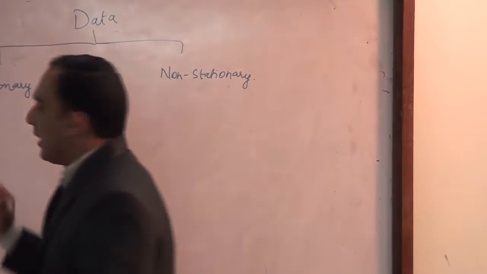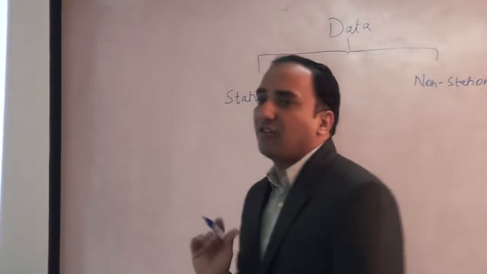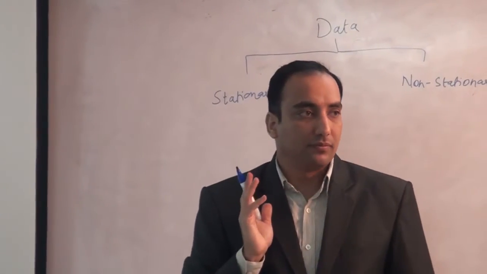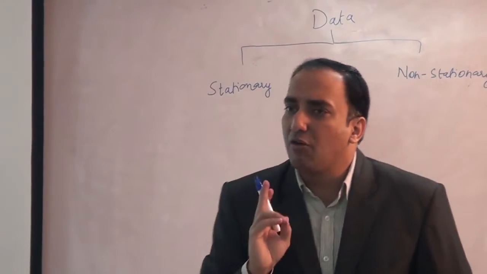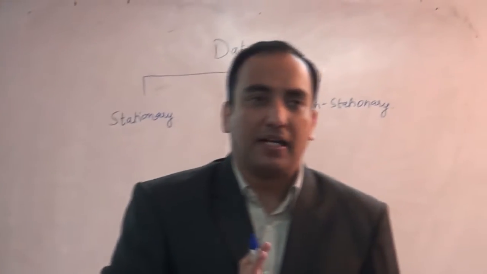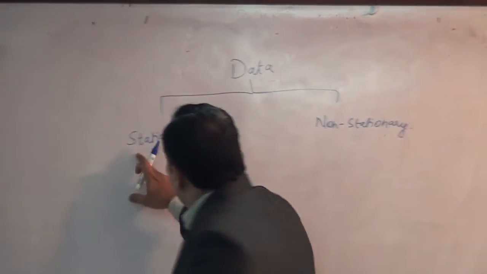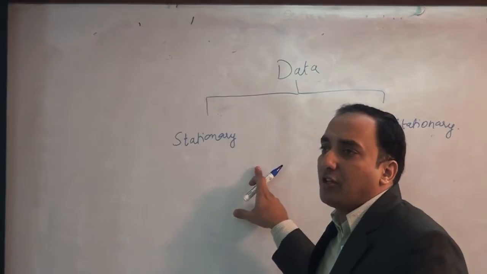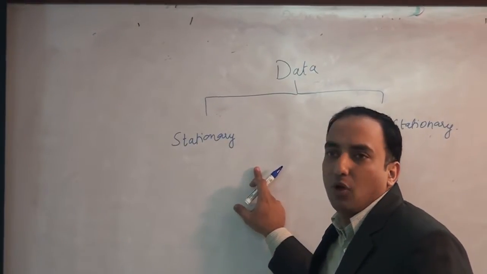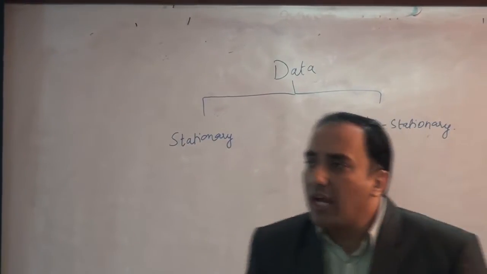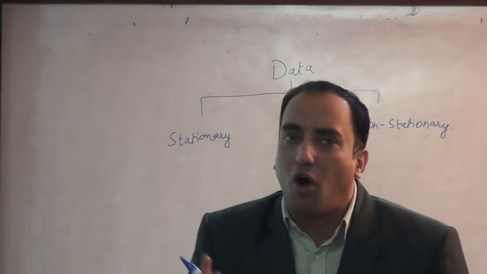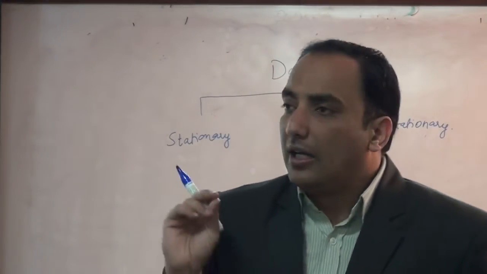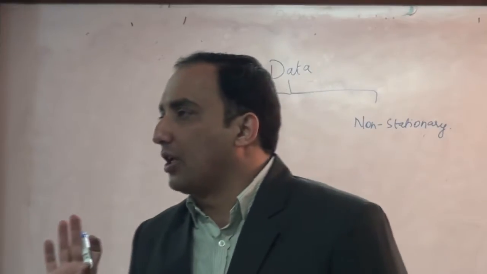Now, coming to stationary data. First I have to test my dependent variable. One more thing: stationarity means all the variables are stationary. You have to check stationarity for all the data which are in ratio scale.